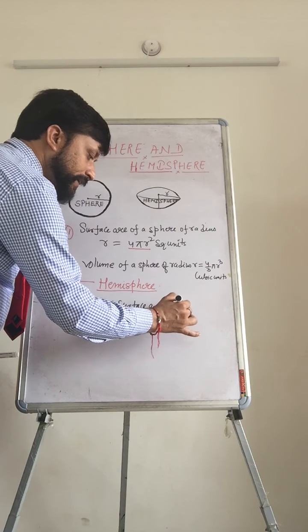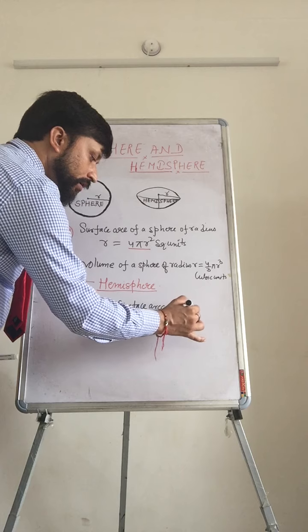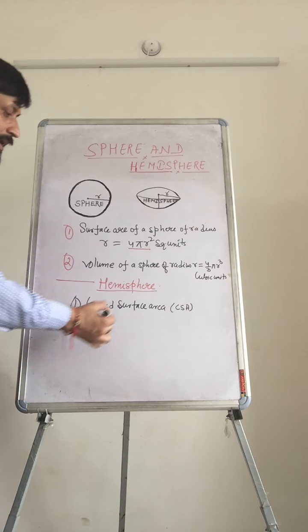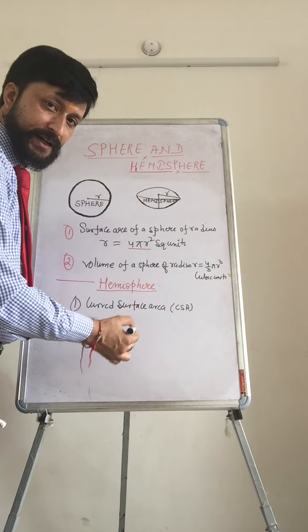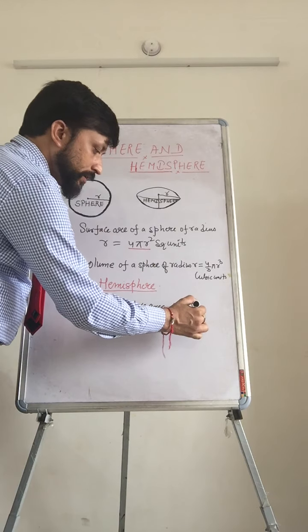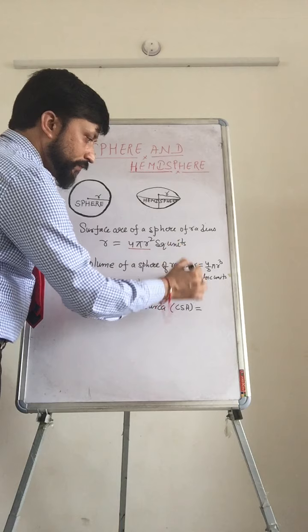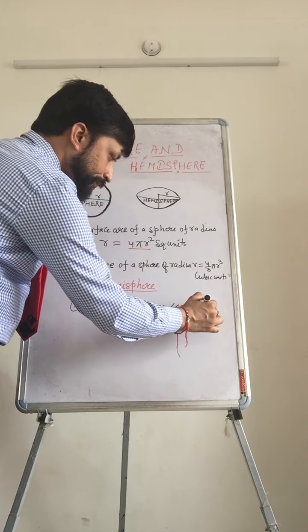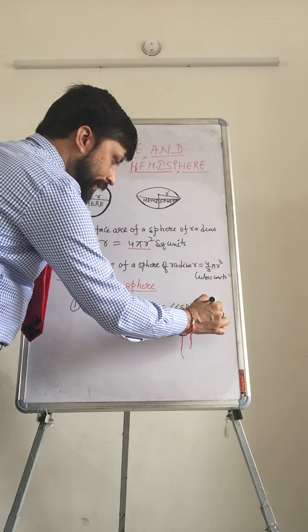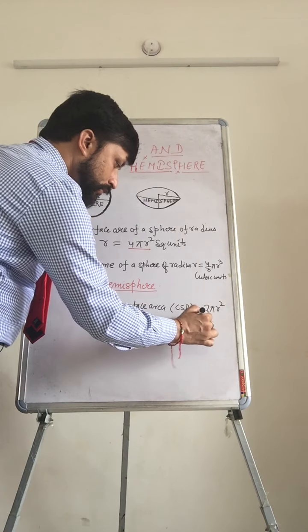In short, we can write curved surface area or LSA, lateral surface area, both are same. Equal to, if the radius of this hemisphere is r, then the formula is 2 pi r square units.